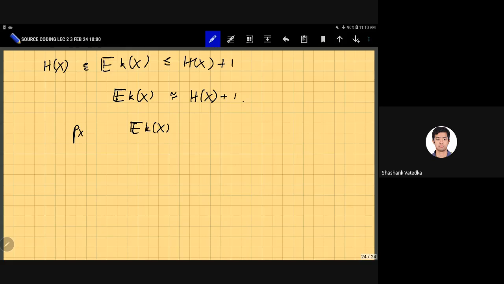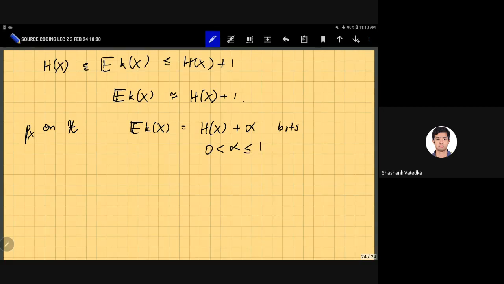It's a distribution on some alphabet calligraphic X, and the expected length achieved by this, let us say, is H(X) plus alpha bits, where alpha is strictly greater than 0, but could be less than or equal to 1.